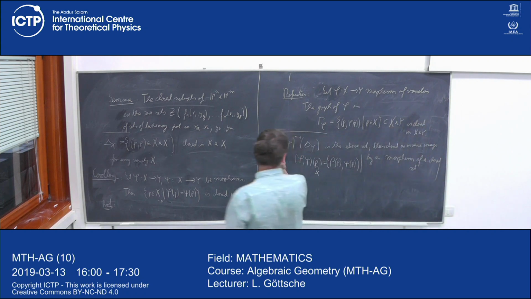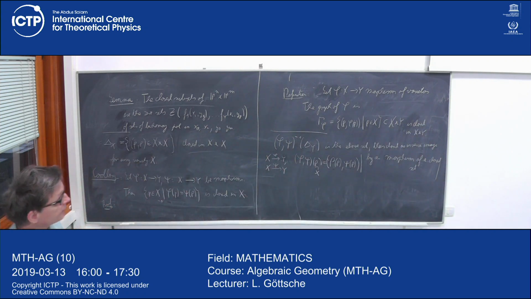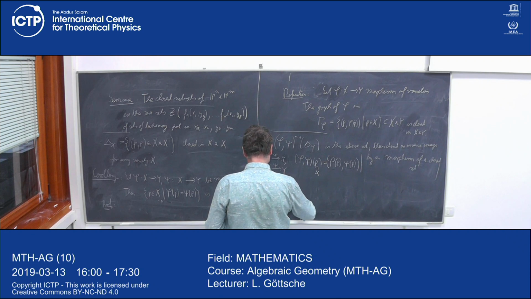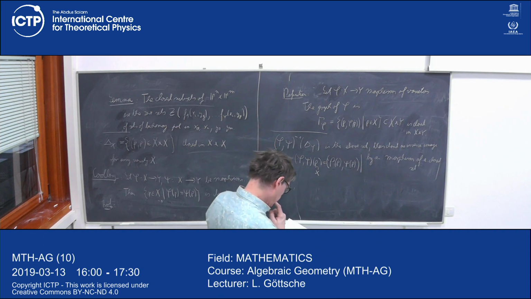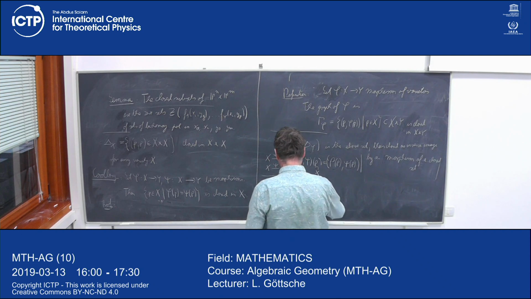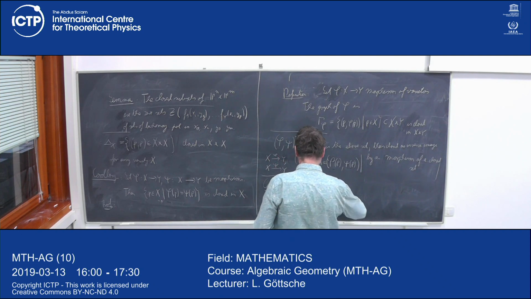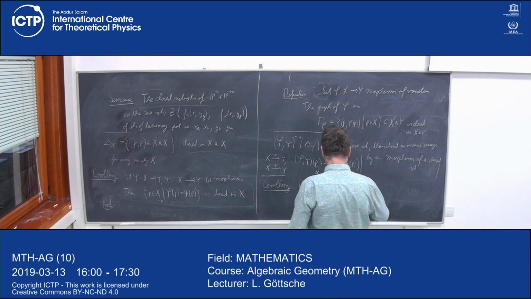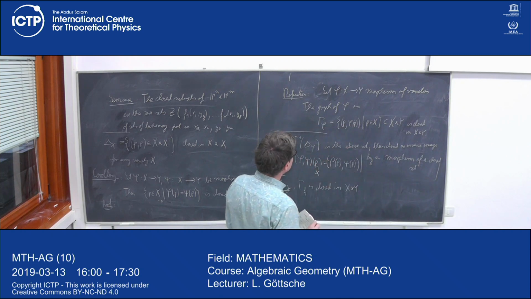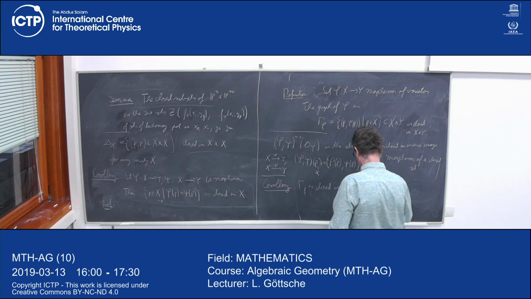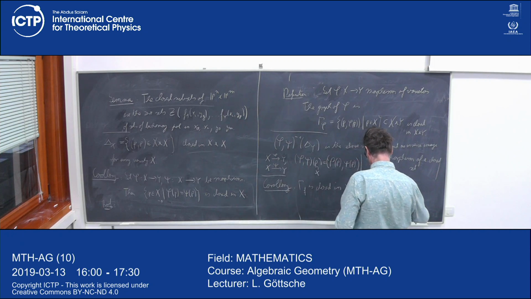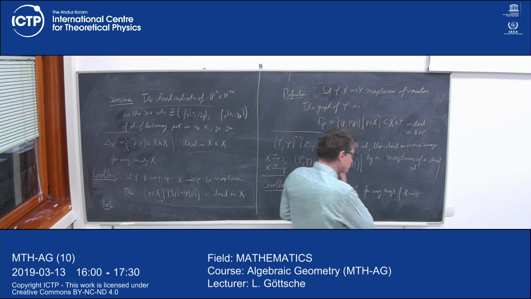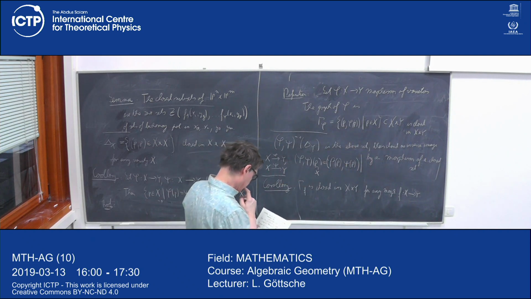We now do the same to see that the graph is closed. I say that Gamma_f is closed in X times Y for any morphism f from X to Y. Proof: you can again write it in the same way.